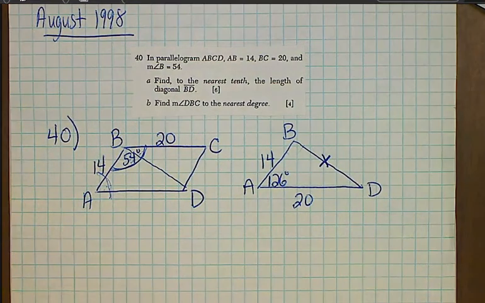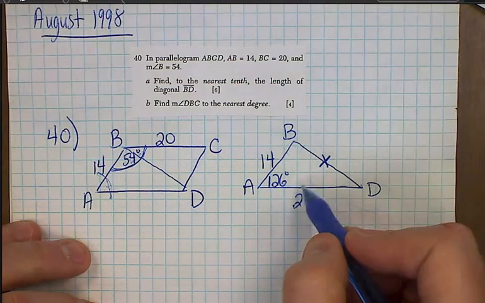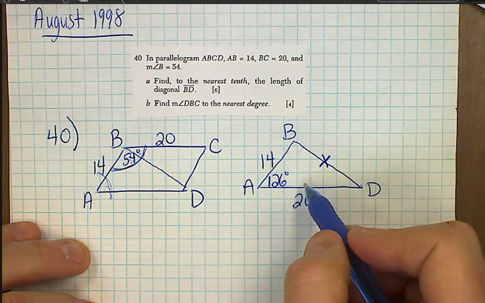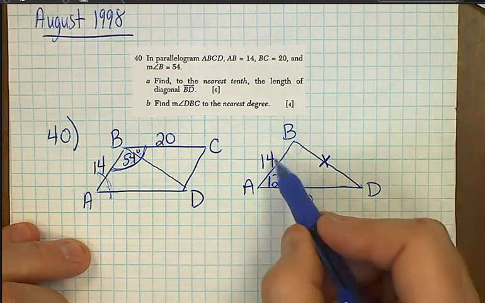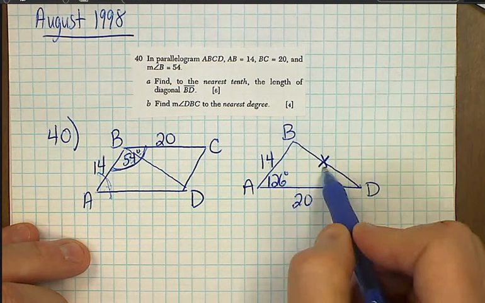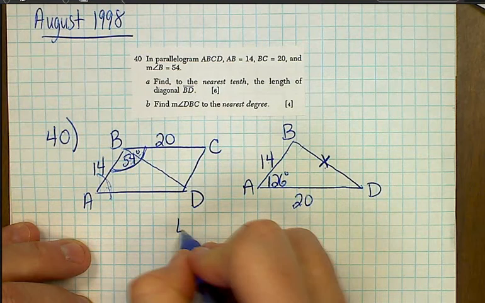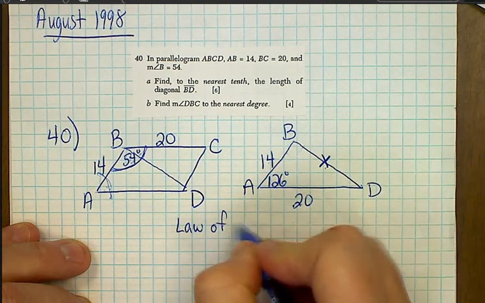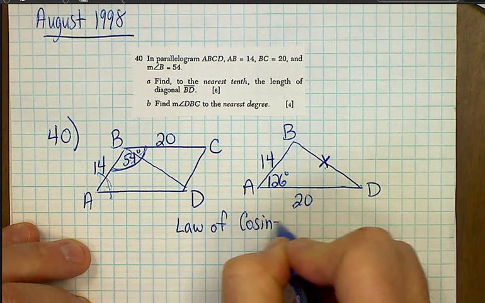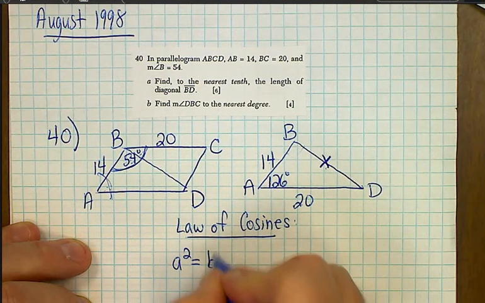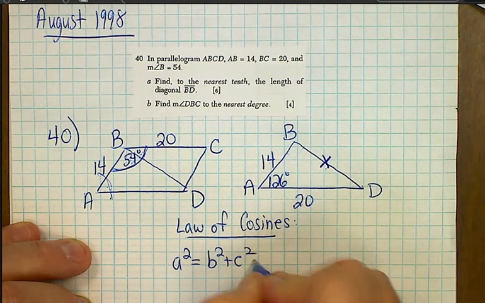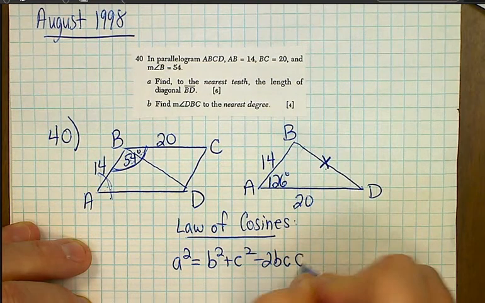Again, nothing in the diagram leads me to believe it's a right triangle, so don't go there. Let's use law of cosines: side, angle, side, looking for the third side. So this is a law of cosines question. a squared is equal to b squared plus c squared minus 2bc cosine of my angle.